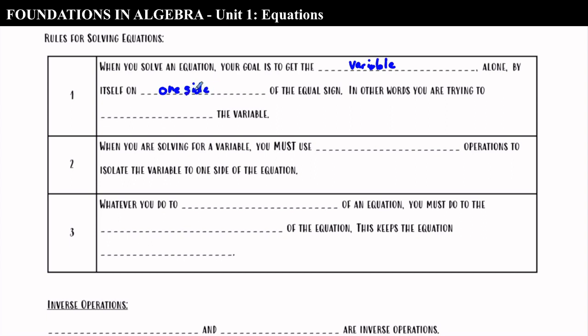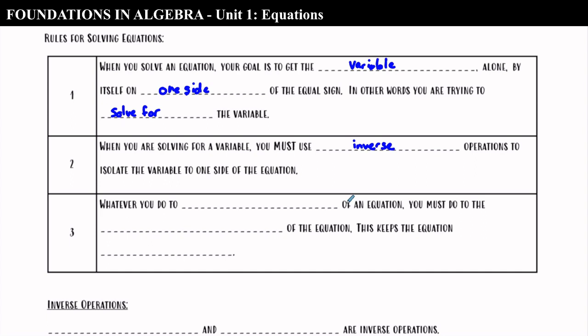In other words, we are trying to solve for the variable. When you are solving for a variable, you must use inverse operations to isolate the variable to one side of the equation.